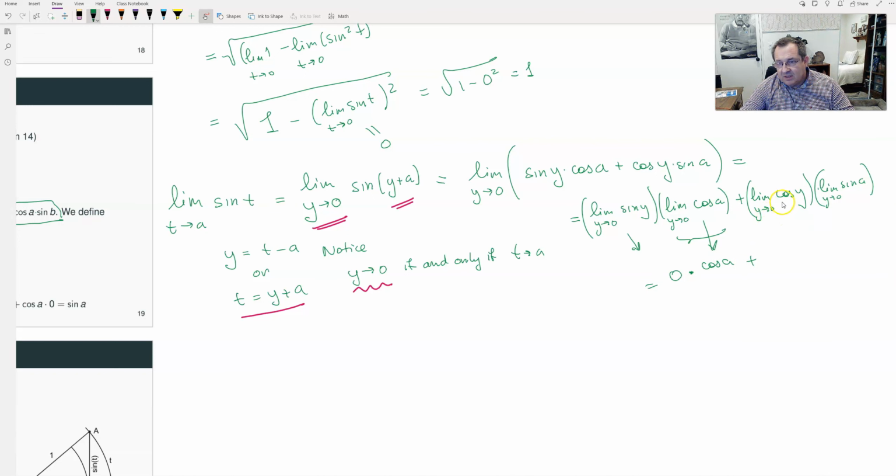For the limit of cosine y as y goes to 0, we know that limit is 1. And sine a, it's independent of y, so the limit is itself. We'll have 0 times cosine a plus 1 times sine a. The first term goes away, and 1 is simplified to obtain the answer, sine a. And that's exactly what we're trying to prove.